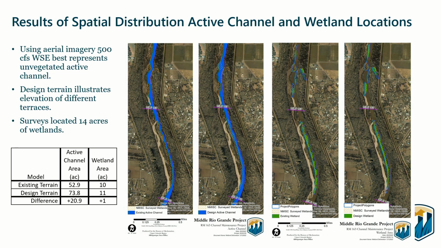This is a comparison of the surveyed wetlands with the wetlands that were found in the model. And you can see that it does quite a good job of picking up the wetlands that they found down here. And this one, it picked up the wetlands here. Some of these wetlands, the model did not predict would occur there.